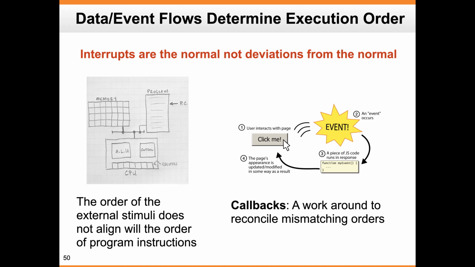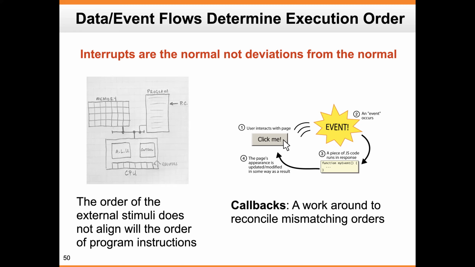And what the callback does is basically refresh, update, modify a web page's appearance, which contains also the click me button. On the right-hand side, you see I have a button, click me, which creates an event, which causes a piece of code to run, the callback, and the callback has some effects on the appearance of the page.